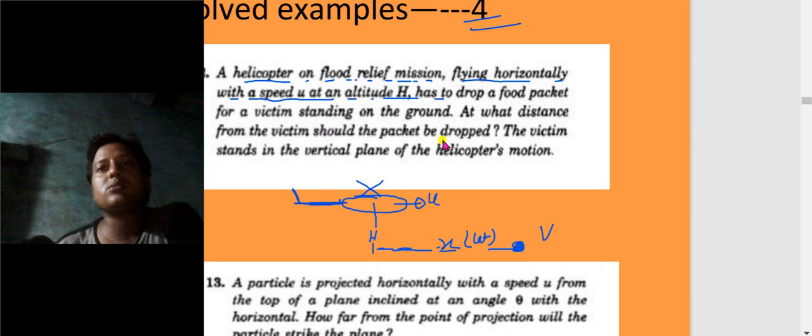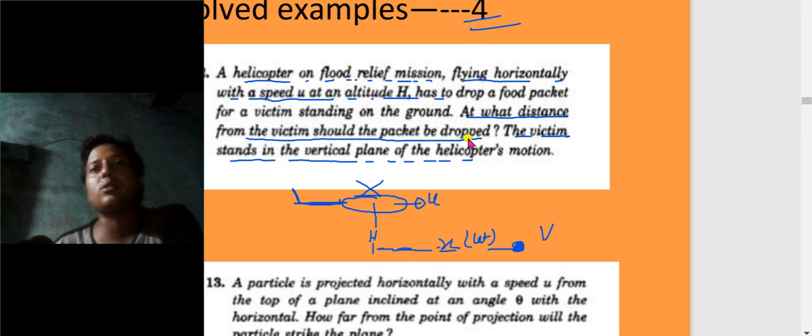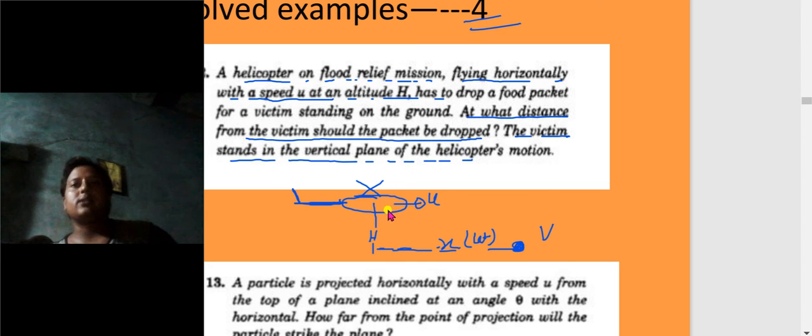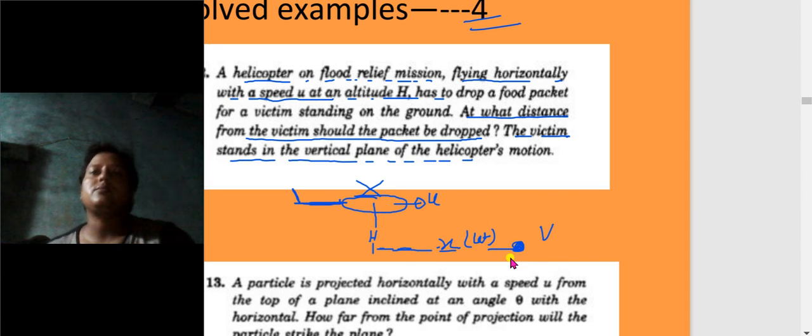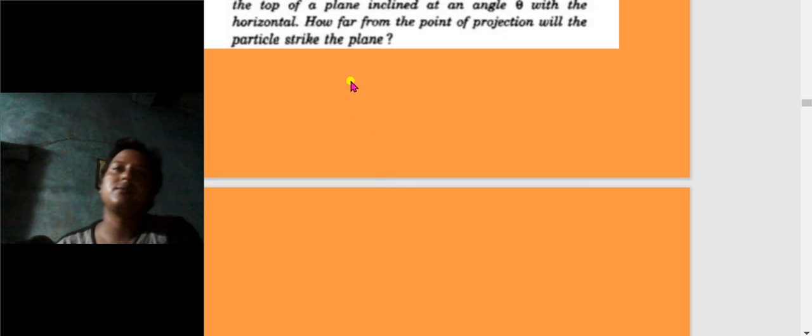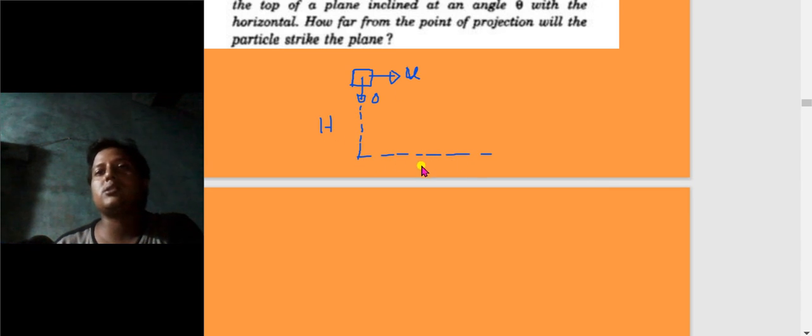At what distance from the victim should the packet be dropped so that the packet reaches the hand of the victim? In this question, the packet has initial speed u only horizontal, vertical is 0, height is given h, and distance we let x.